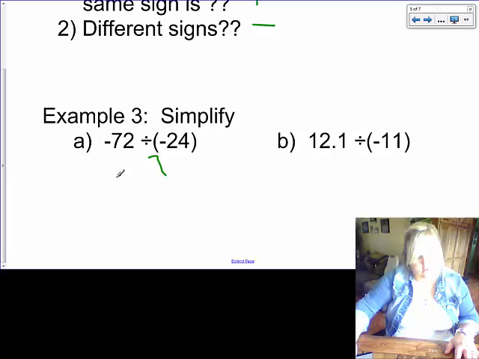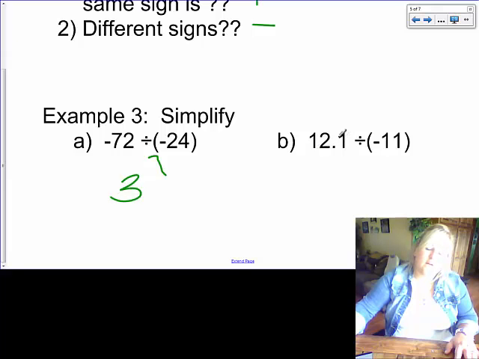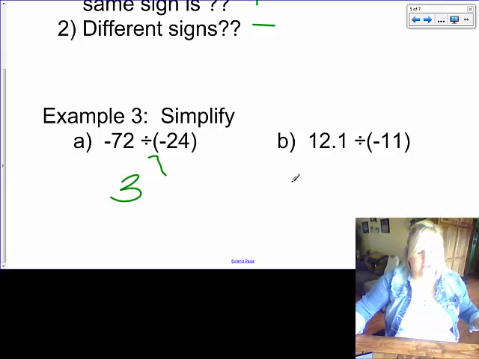Pretend that looks like a 3. Okay. And on B over here, I have 12.1 divided by negative 11. So I have a positive divided by a negative, which means my answer is going to then be a negative because they're opposite signs.